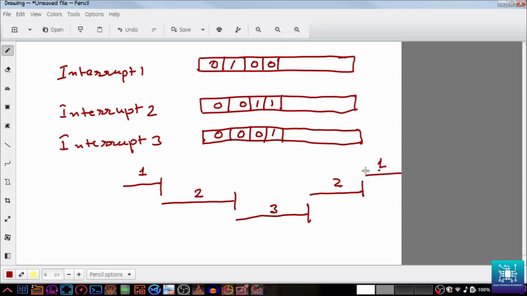So this is how the preemption happens: 1 is preempted by 2, 2 is preempted by 3, and then it goes back up in the reverse order. This is for the priority grouping with all 4 bits.